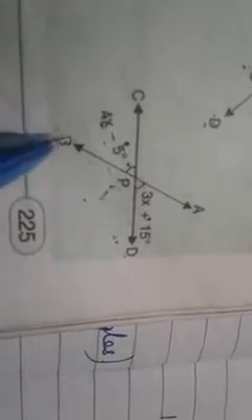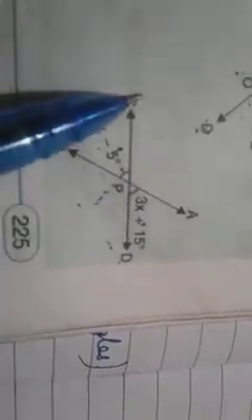Adjacent angles are always supplementary. So angle BPD plus angle BPC equals 180 degrees. But what is angle BPD? That we have to find out. So angle BPD is as it is, plus 75 degrees. Angle BPC will be 75 degrees because we have just found it.